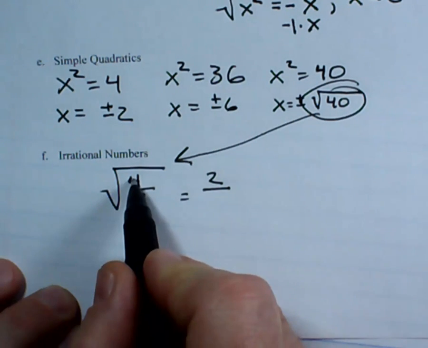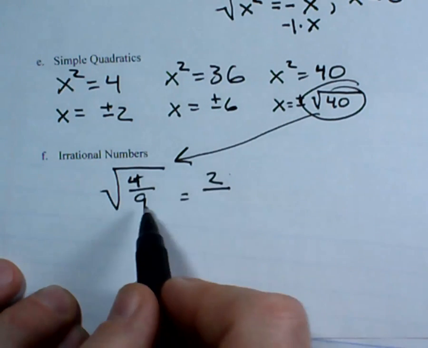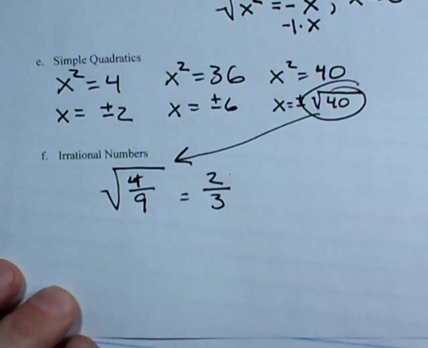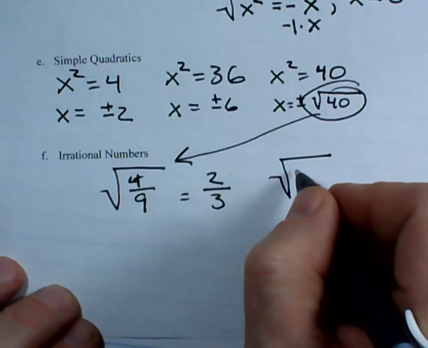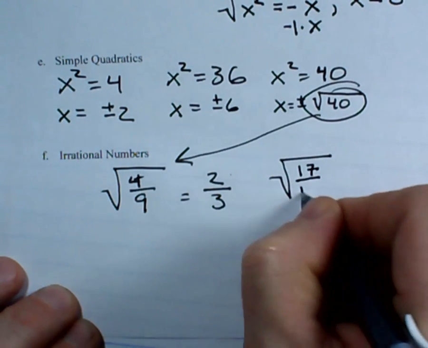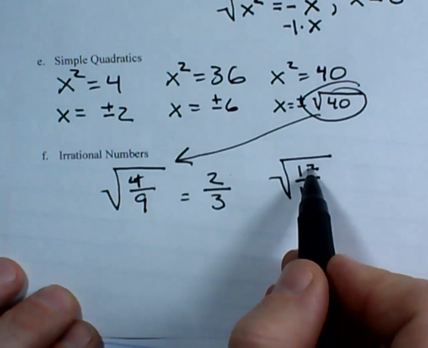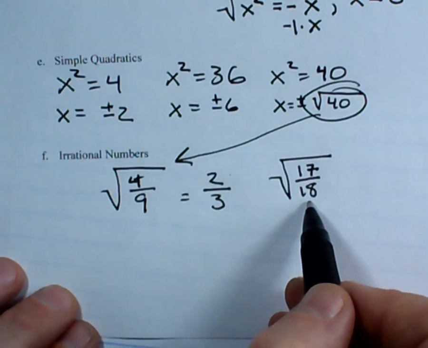What's the square root of 4? 2. What's the square root of 9? 3. So because it can be written as a fraction, Lindsay, it is a rational number. This is an irrational number because 17 is not a perfect square and 18 is not a perfect square.